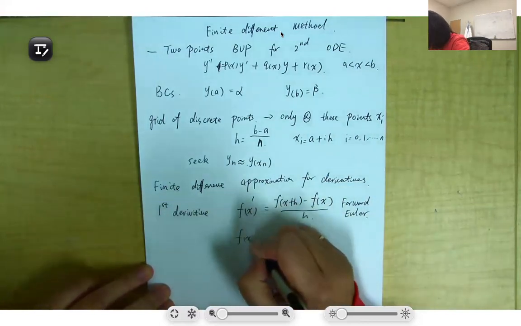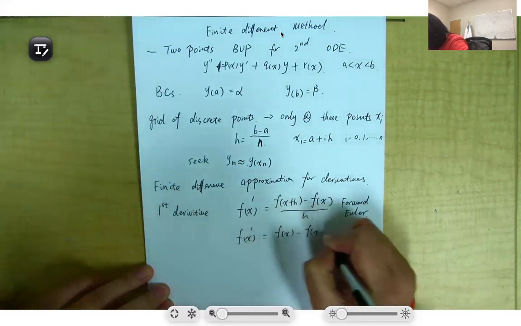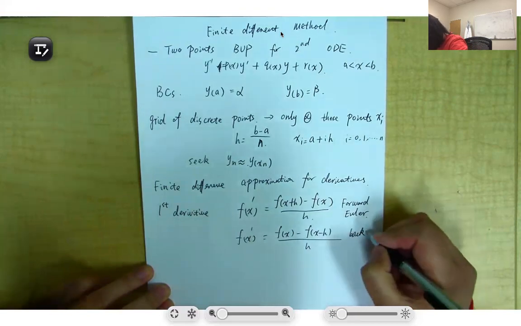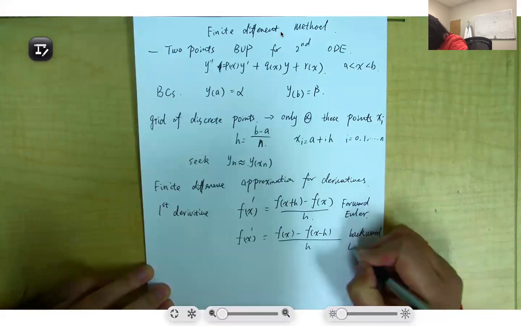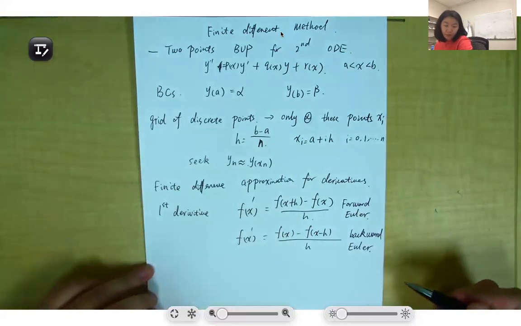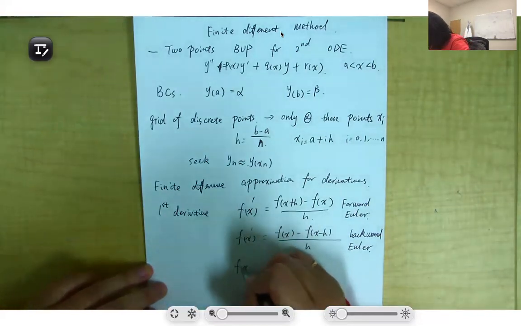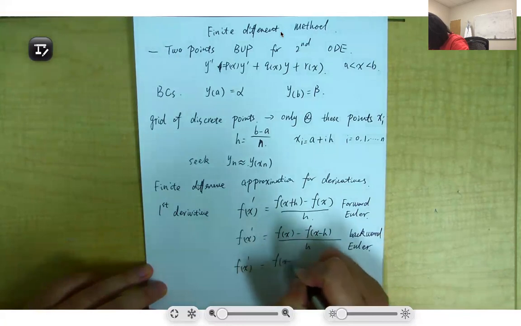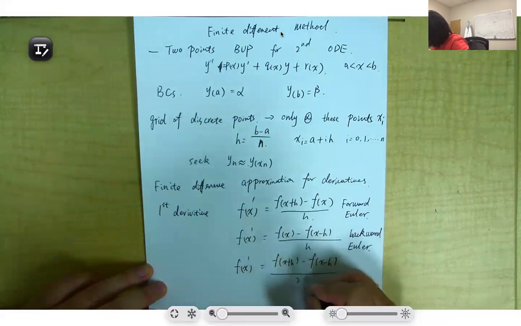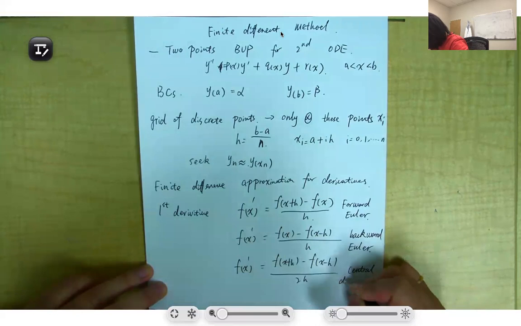We can also write f(x) minus f(x minus h) divided by h. This is called backward Euler. There are different approximations for the finite difference. We can also have, for example, f prime(x) equals f(x plus h) minus f(x minus h) divided by 2h, and this is called the central finite difference.